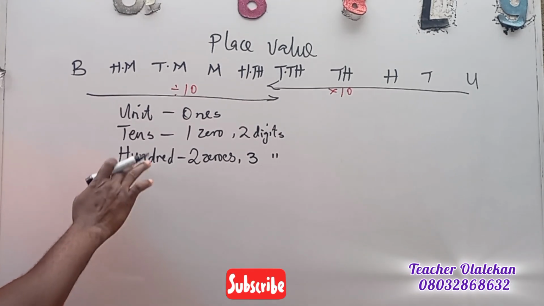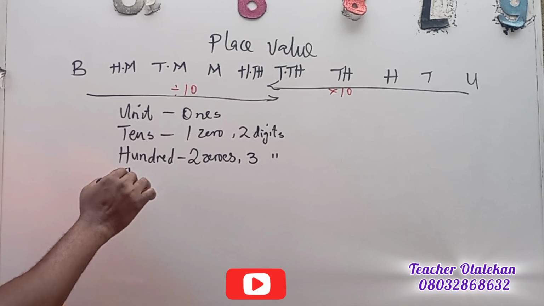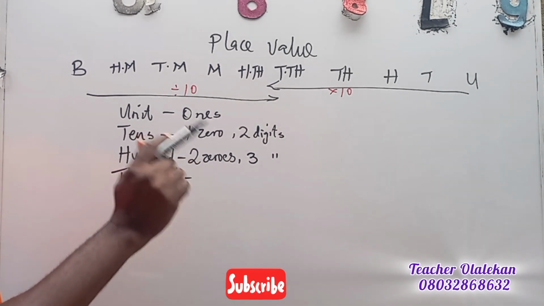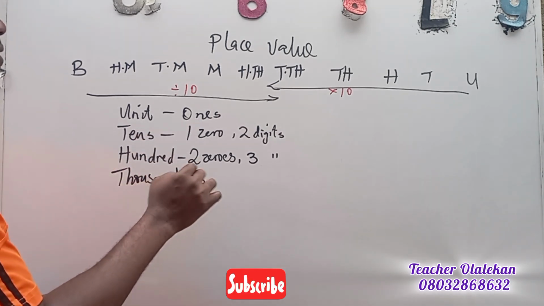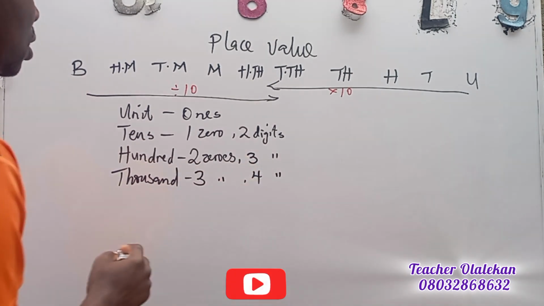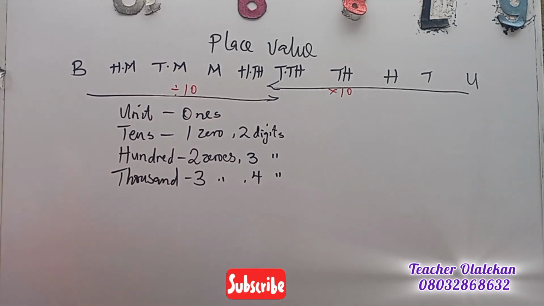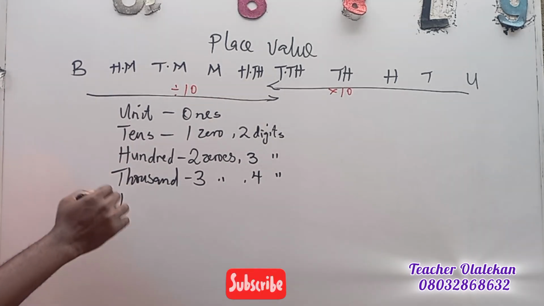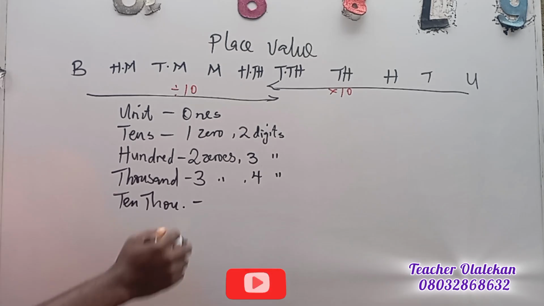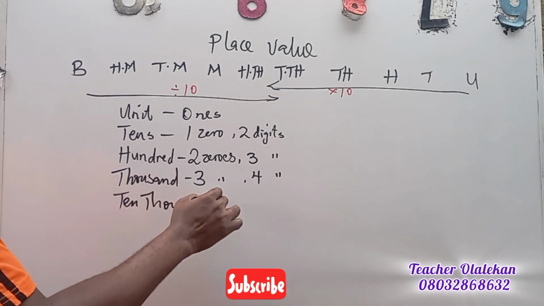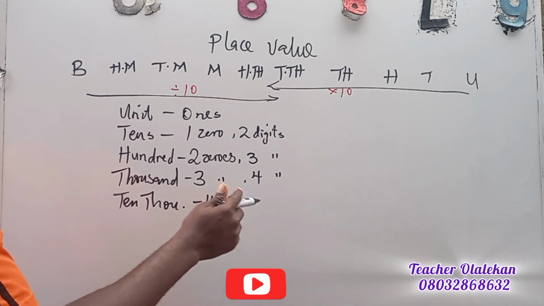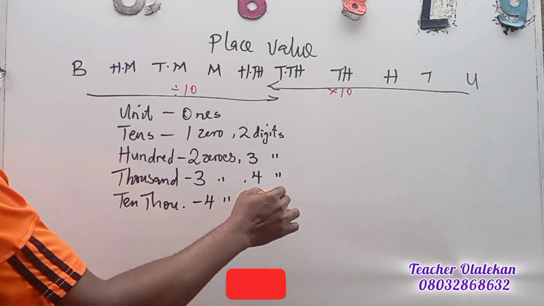So 1,000 is expected to have 3 zeros. That's what zeros connote, the number that can be behind it. So it's expected to have 3 zeros and of course 4 digits. Why the 10,000? The 10,000, okay, let's abbreviate it that way, is expected to have 4 zeros and 5 digits.